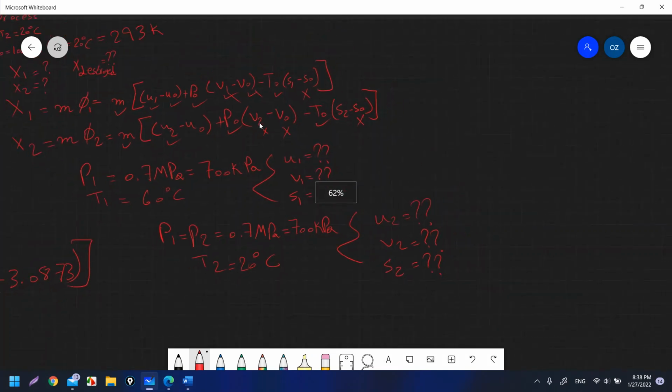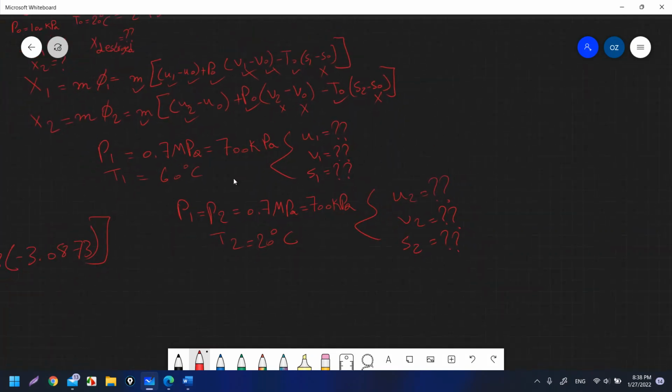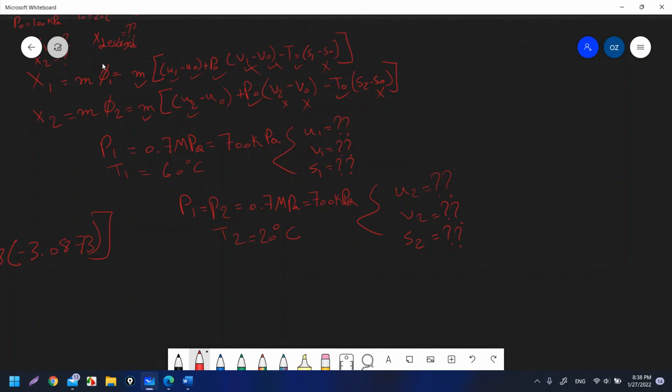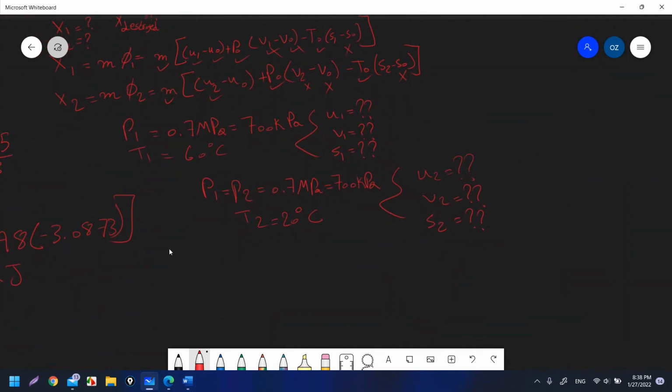Note the environment properties, we also have P naught and T naught. P naught is 100 kilopascal, which is equal to 0.1 megapascal, and T naught is 20 degrees Celsius. We want to find also U naught, V naught, S naught. So let's start with the first one.